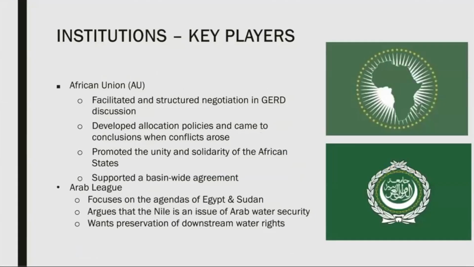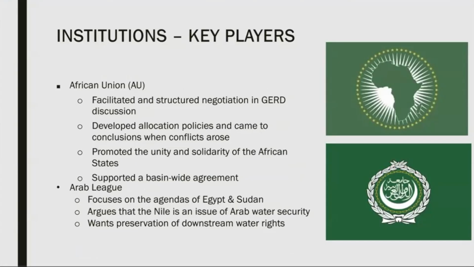Some other key players are the African Union. So the African Union facilitated and structured negotiation in the GERD discussion that has happened from the early 2000s all the way up to 2011 when the GERD started construction, and now has continued until its inauguration just a couple months ago.